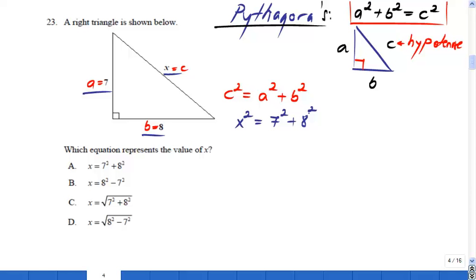8 squared. Now you should look to your options here, A, B, C, D. Is any one of them given to you like that? And I will say no, because here I have x, x, x, x. So I need to find x. To find x, I'm going to take the square root of both sides. Square root of any number squared. And even if you have, let's say, square root of smiley face squared, that's going to be smiley face at the first degree, right?